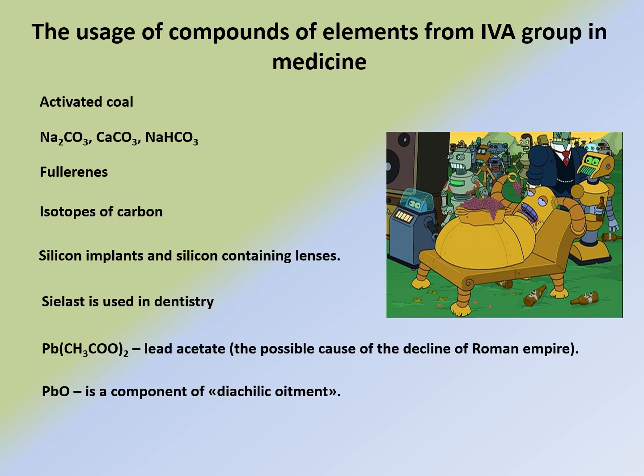But that wine was cooked in kettles made of lead. Finally this compound was produced, Pb(CH3COO)2, and this compound is very toxic, but it's sweet.